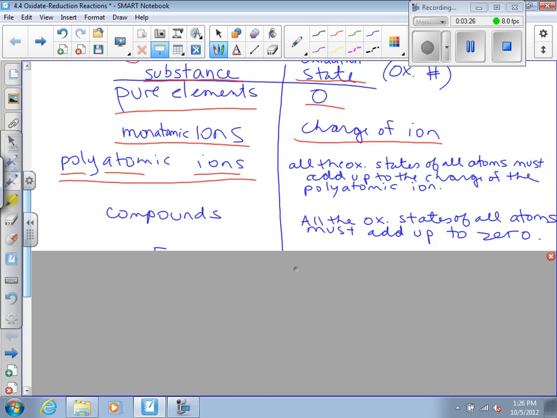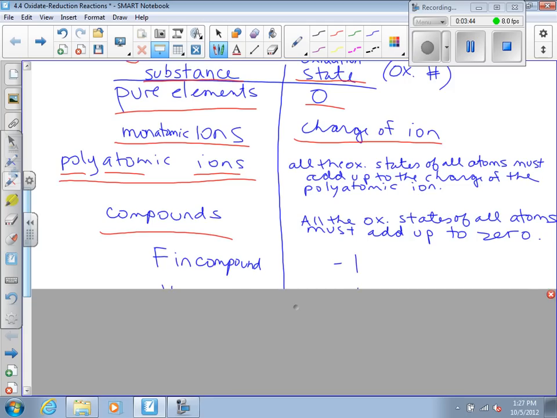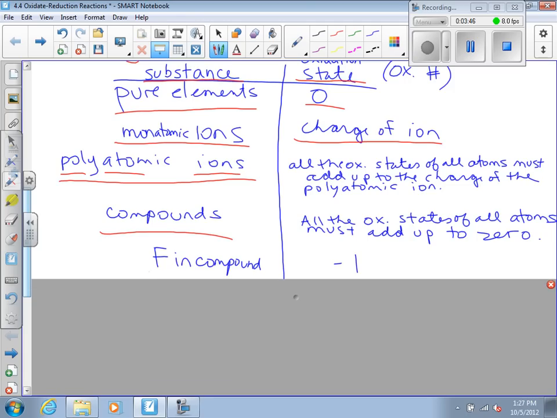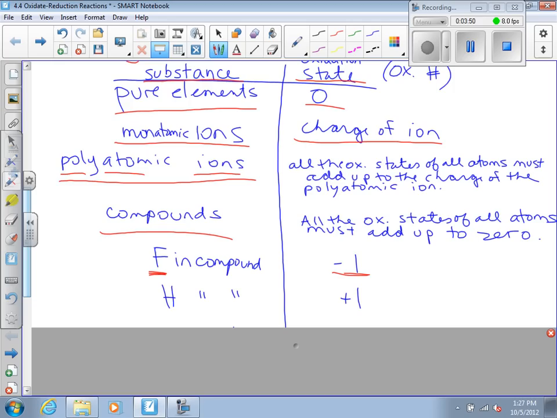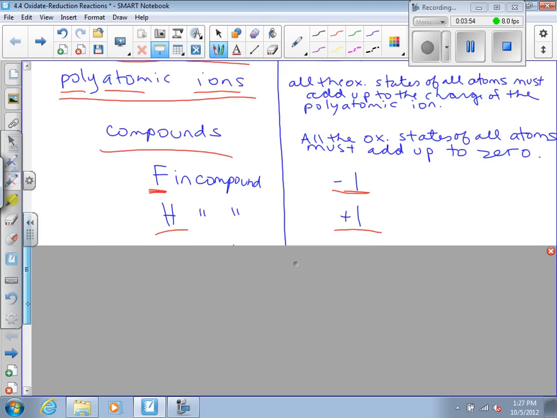Another rule is for all compounds. Now remember, a compound is a substance with no charge with at least 2 different elements in it. We learned that a long time ago. For a compound, all the oxidation states of all the atoms must add up to 0. If fluorine is in a compound, its oxidation state is -1. If hydrogen is in a compound, its oxidation state is +1.